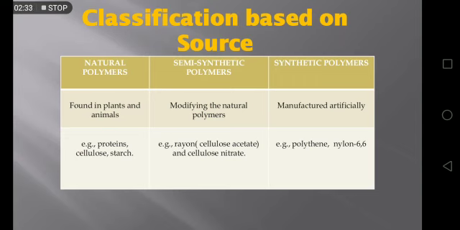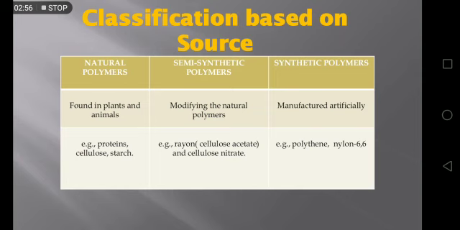Semi-synthetic polymers. They are formed by modification of the naturally occurring polymers. As you can see in the example, rayon, which is cellulose acetate. It is formed by the modification of naturally occurring cellulose.